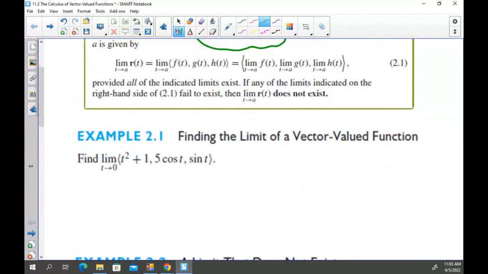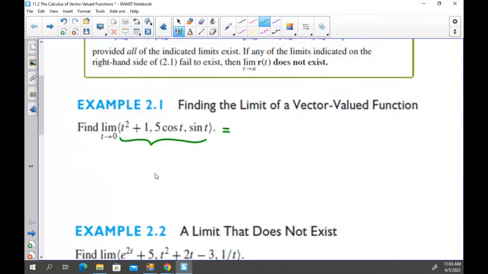For example, in terms of limit, if you have a vector valued function here and you want its limit as t approaches 0, then you just substitute, just as you would find a normal limit. So the limit will be a vector, obviously. What will be the limit of this function?